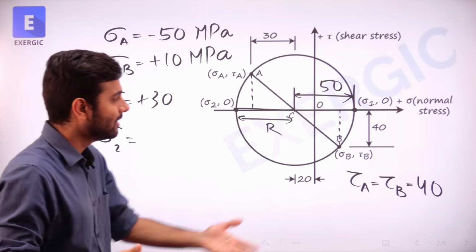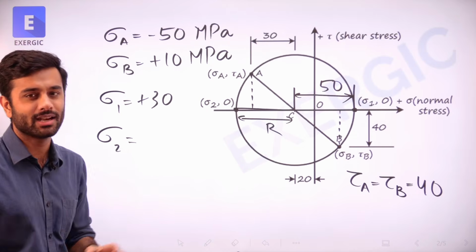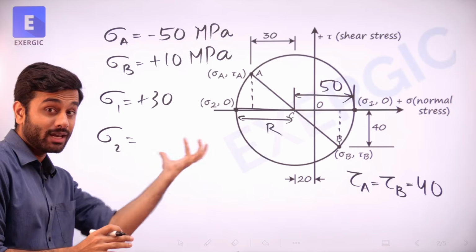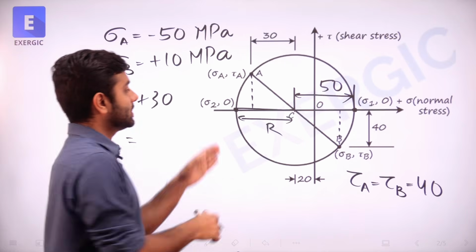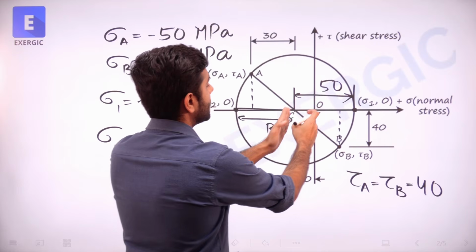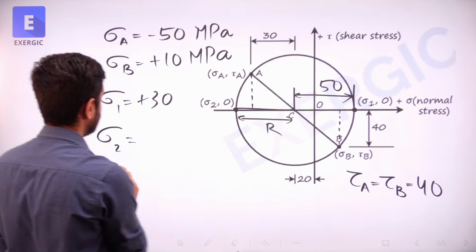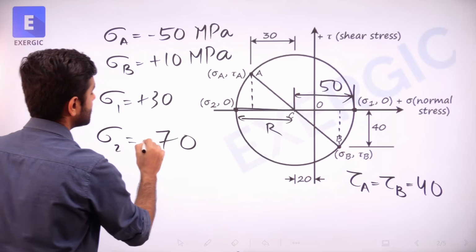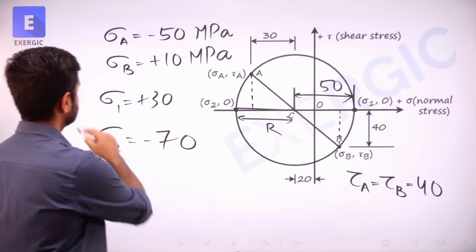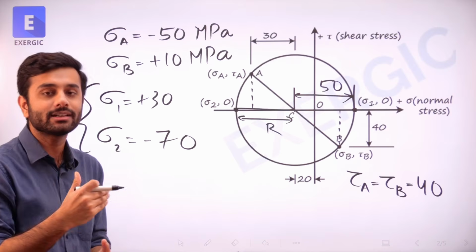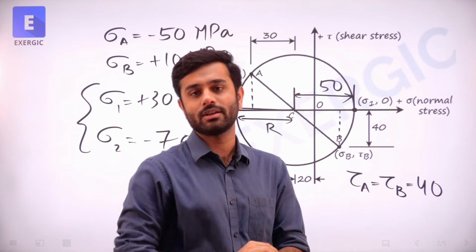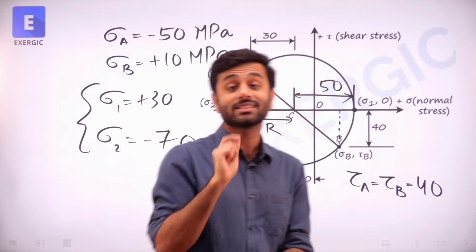The sign I can add, no? I know sigma 1 is positive, sigma 2 is negative. I am not bothered about the sign while applying common sense. So this length, the radius, is 50 and this length is 20. So the total is 70, and with a minus sign, because I know it is on the negative side. We have got the answer directly without doing any of those calculations. This is something that you need to understand.